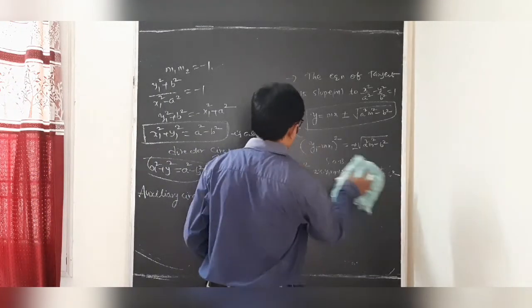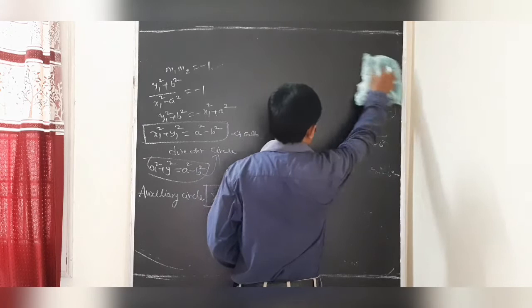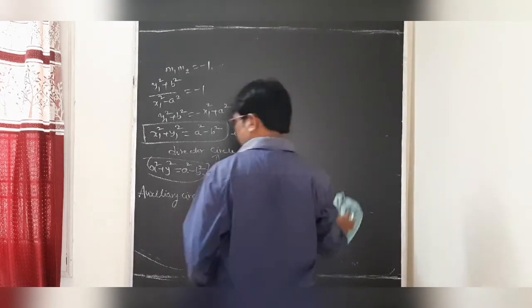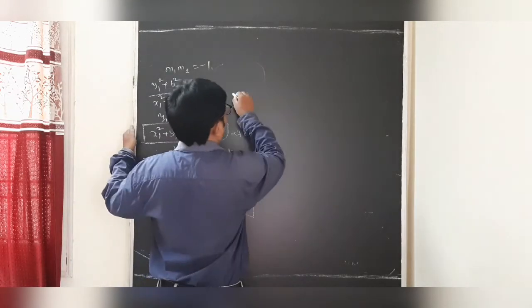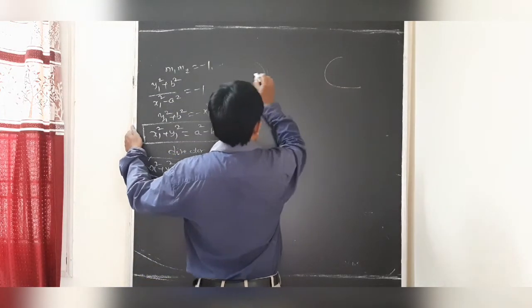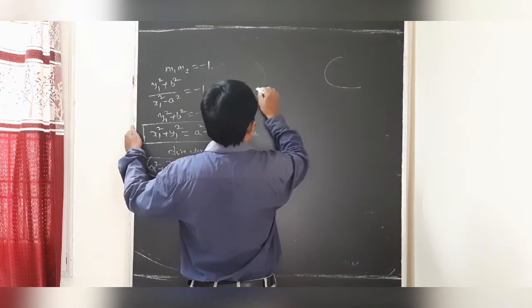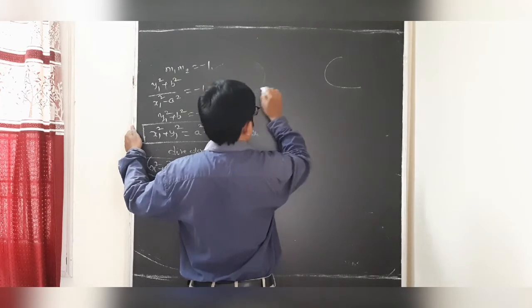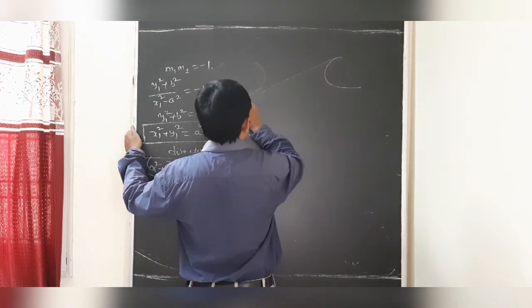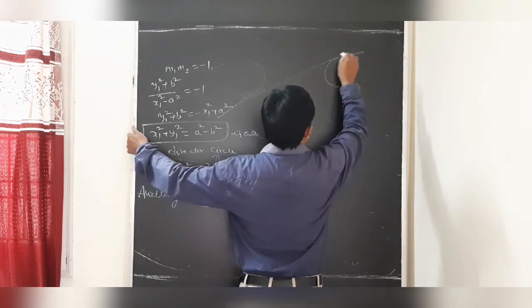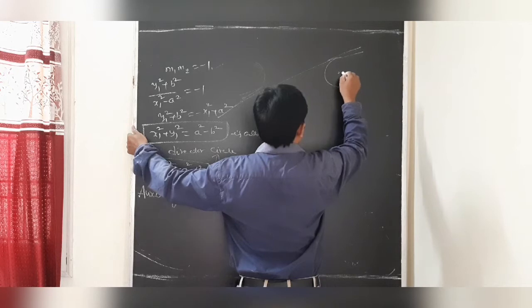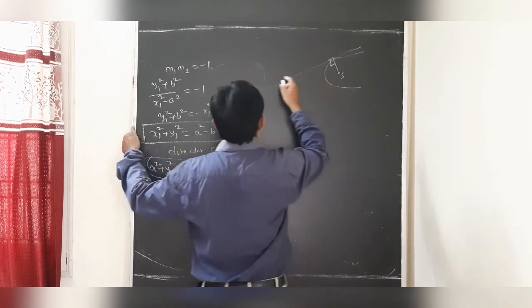So students, just take any tangent to the hyperbola. When we take any tangent, you can draw here the focus S and S dash, and the perpendicular.